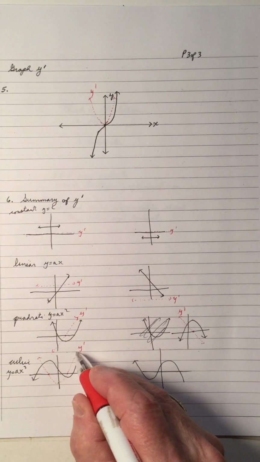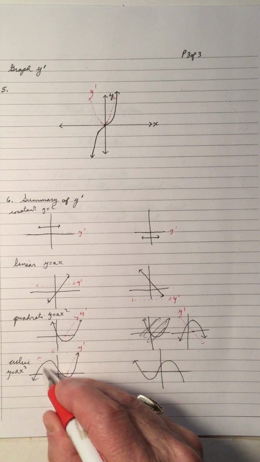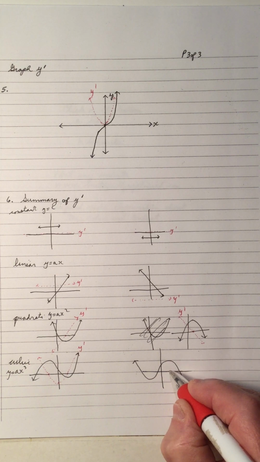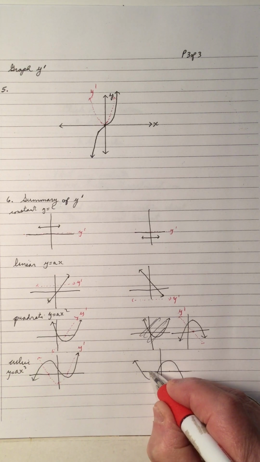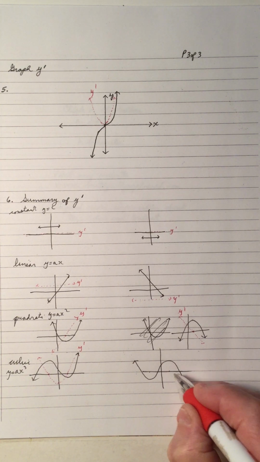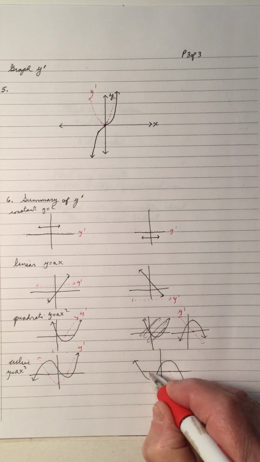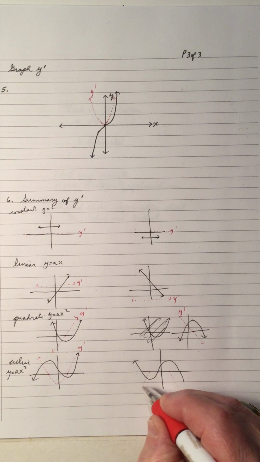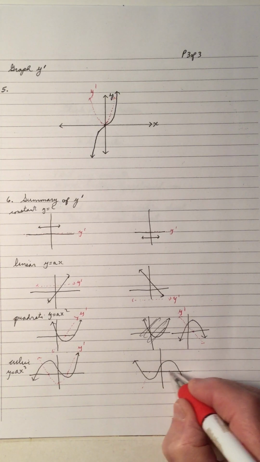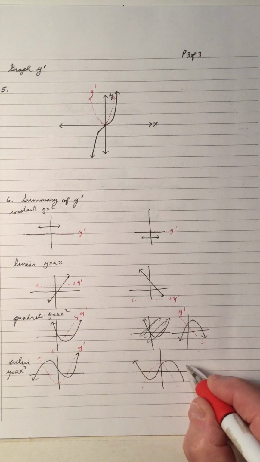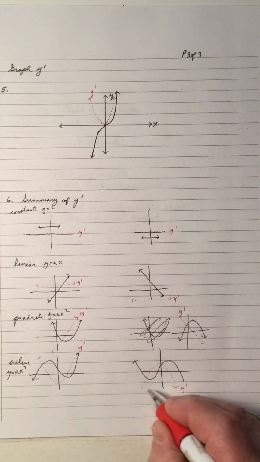Y prime. The derivative of a cubic is a quadratic, a parabola. So bring this value of x down to here, and this value of x to here. On this side of the x value, that's a negative, so it's down here. And the midpoint of these two right here, let's go up and do this. And this is the y prime.